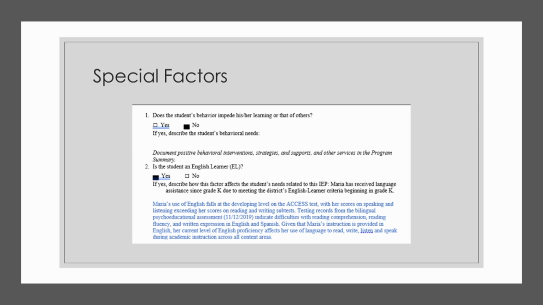Testing records from the bilingual psychoeducational assessment indicate difficulties with reading comprehension, reading fluency, and written expression in both English and Spanish. Given that Maria's instruction is provided in English, her current level of English proficiency affects her use of language to read, write, listen, and speak during academic instruction across the content areas.